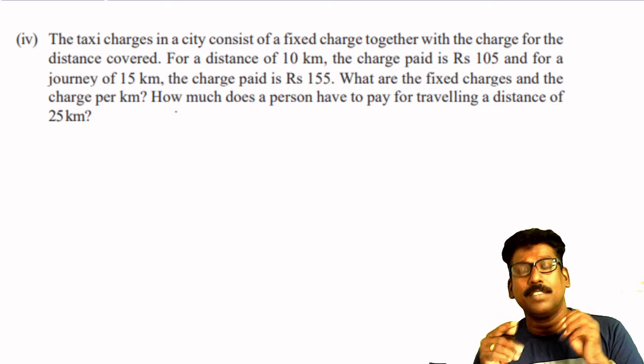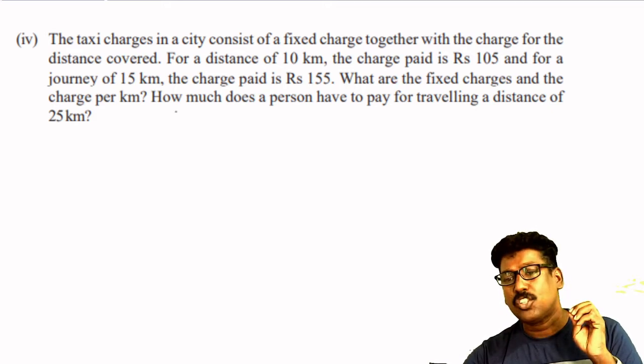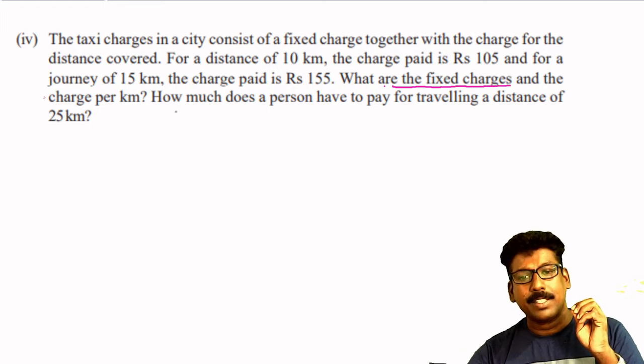So first we have to take x and y. Before solving, first you find out what are the things to be found out. Here you have to find out a fixed charge and the charge per kilometer. So that you have to write first. So we can start.